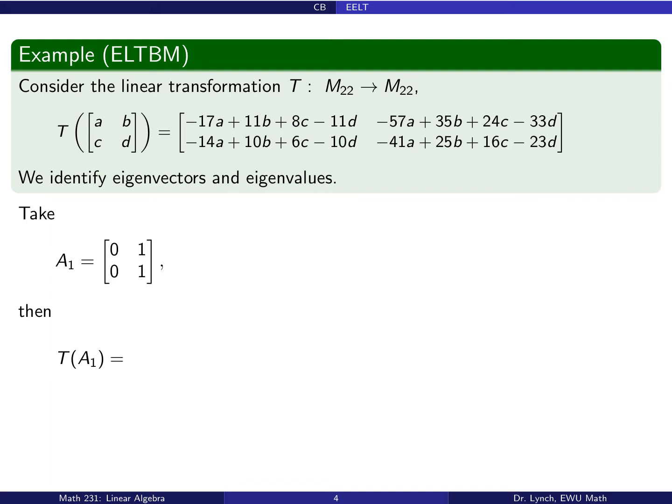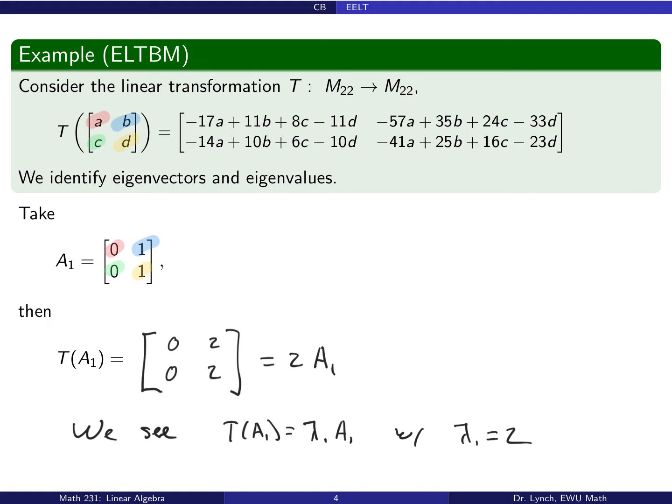We'll go ahead and find the image of this vector under the transformation T. So substituting 0 for a, 1 for b, 0 for c, and 1 for d, we say that the image of A1 is [0, 2; 0, 2], which is 2 times A1. We see, therefore, that the eigenvalue associated with this eigenvector A1 is 2. So again, the image of A1 under the transformation T is lambda 1 times A1, where lambda 1 is equal to 2.